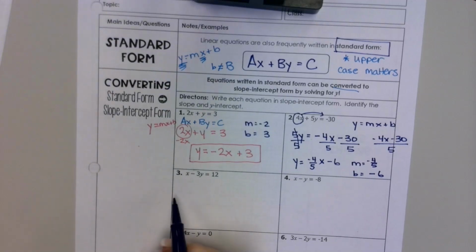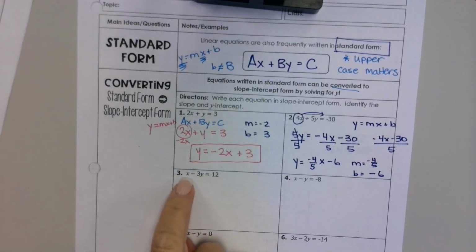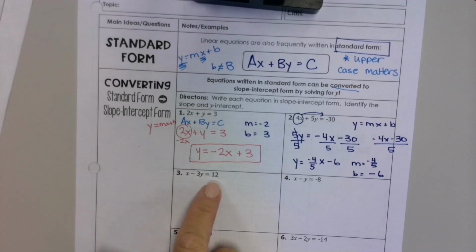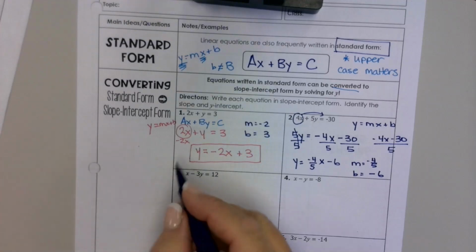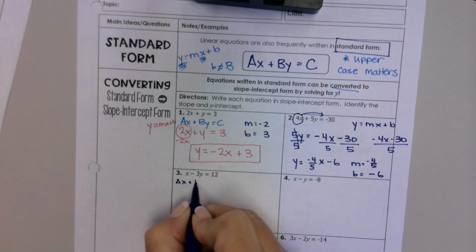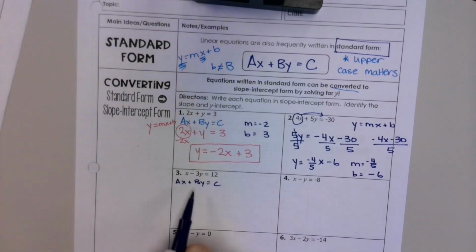Let's do number 3. So again, I have ax plus by equals c. And I know that this is a negative 3, and I say plus by, but really what I'm saying is that you keep the sign and whatever's in front of your b term with that.